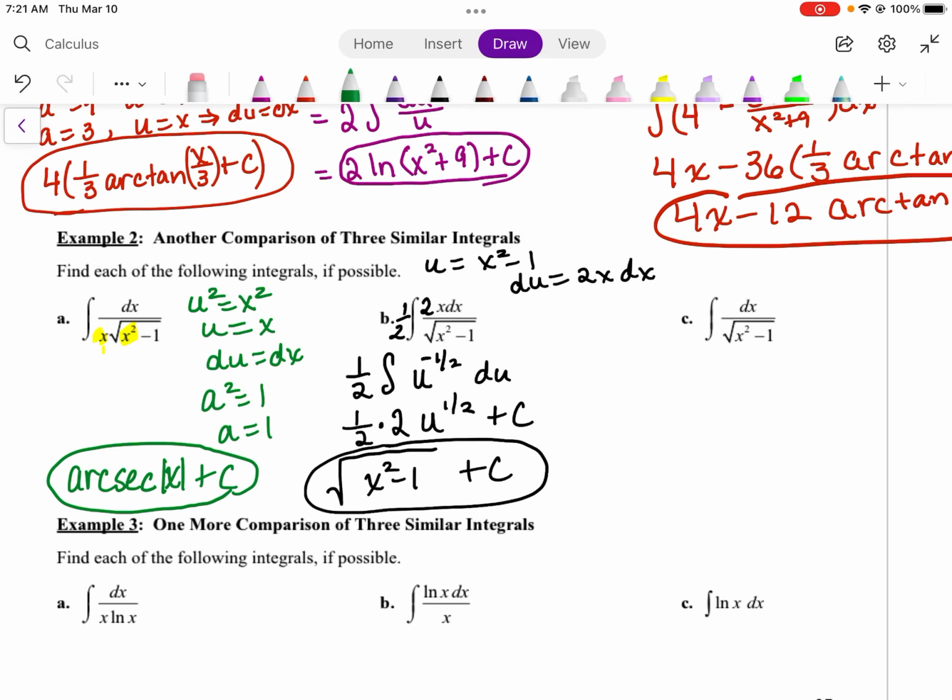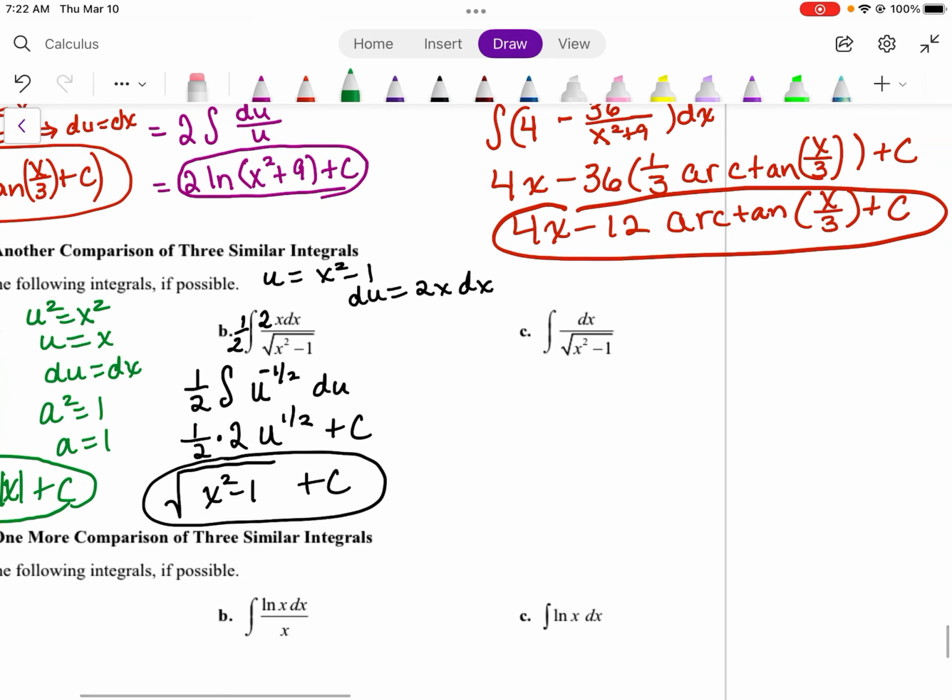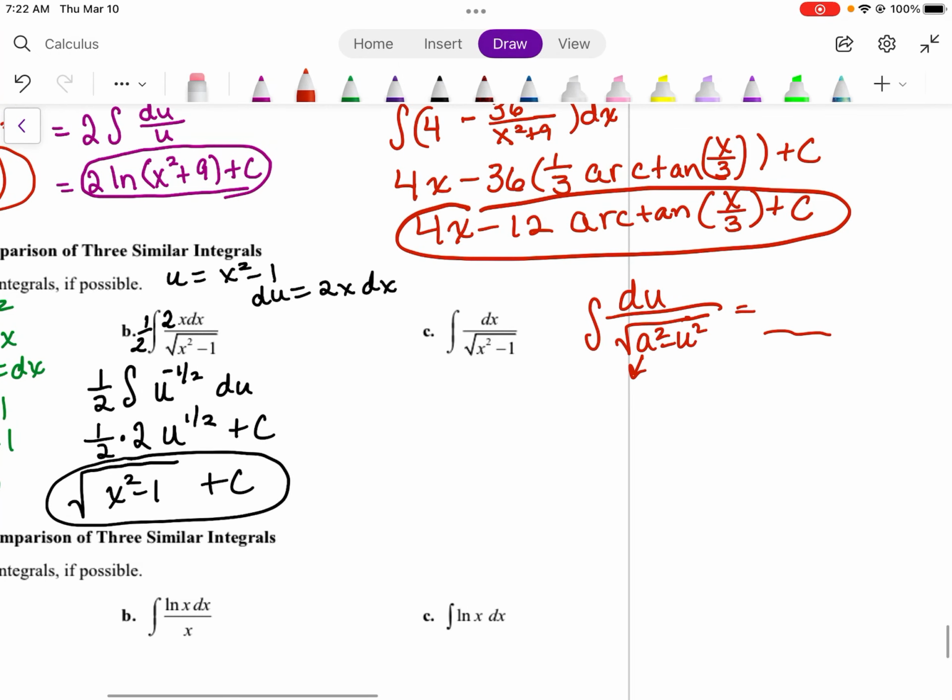All right, now for part C, the only thing that looks remotely close is the formula for arc sine. So arc sine is du over the square root of a squared minus u squared equals whatever. Notice this is a squared minus u squared, so this has to be a constant that leads. You don't have that. You have u squared leading. You have u squared minus a squared.